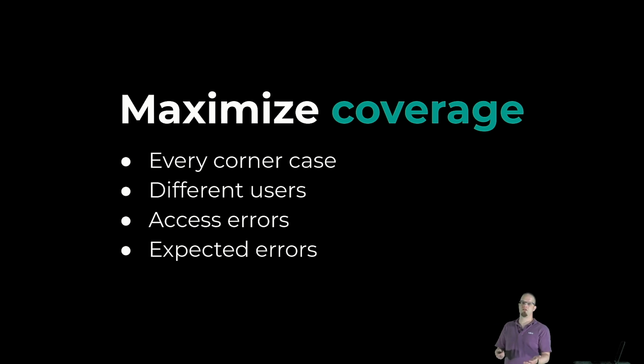To maximize this coverage, you have, of course, to cover every basic corner case. So every special case should be covered by one test. You also have to test with different users, because different users have different access rights. And this allows you to check what a user can and cannot do.